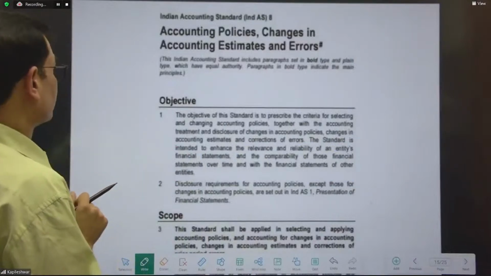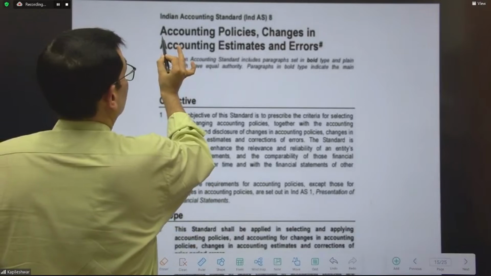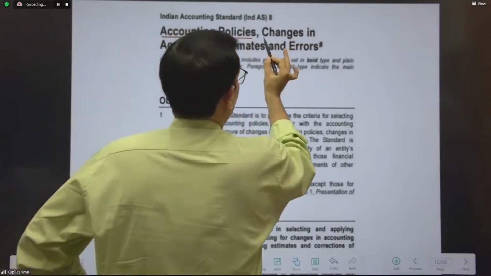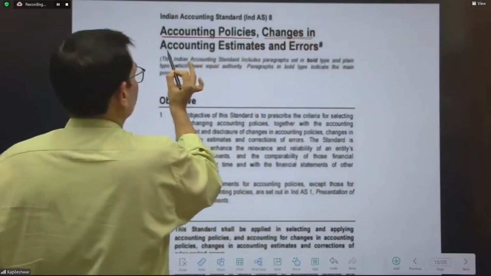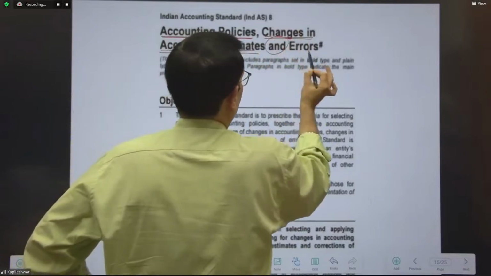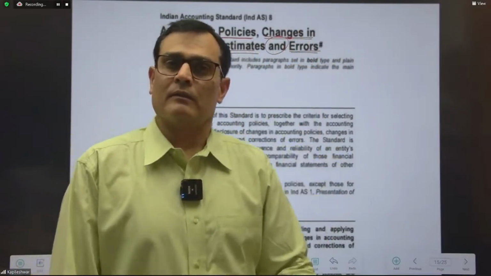I'm looking at the name of Ind AS 8 and it says accounting policy, number 1, changes in accounting estimates, number 2, and errors. Oh my God. This cannot be a chance.